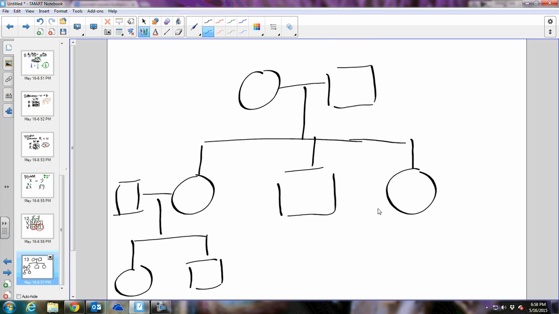All right, and the circles are females, the squares are males, and typically there is some sort of disorder that's being tracked. We'll say that it's just blue eyes. It's being tracked, and blue eyes are recessive to brown.